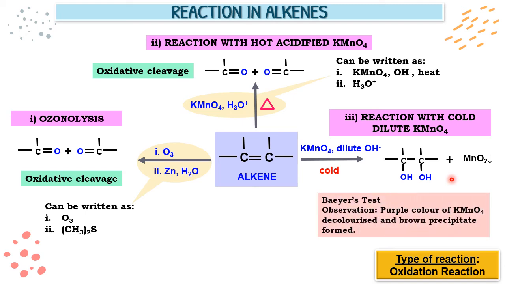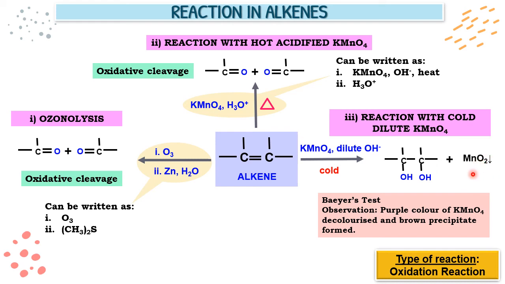The reaction with cold dilute KMnO4 is actually your Baeyer's test. It's another test to show the unsaturated carbon-carbon double bond. The observation from this reaction is that the purple color of KMnO4 will decolorize, and at the same time a brown precipitate will form.